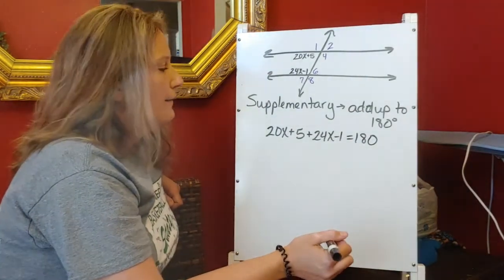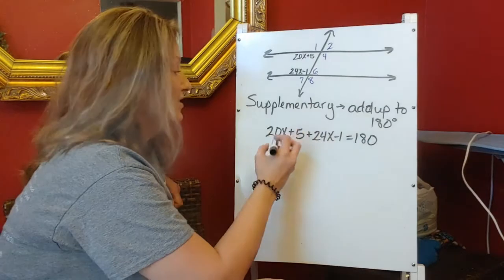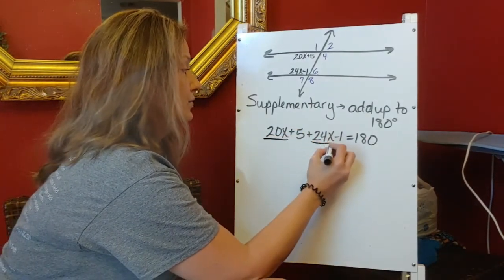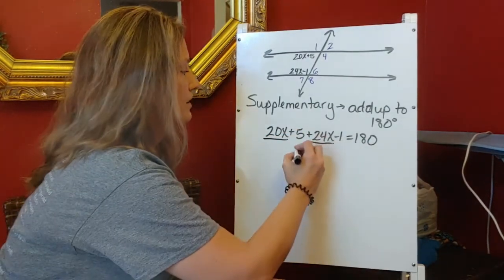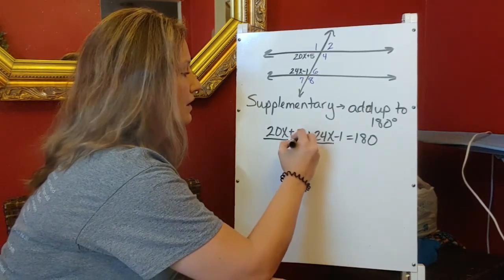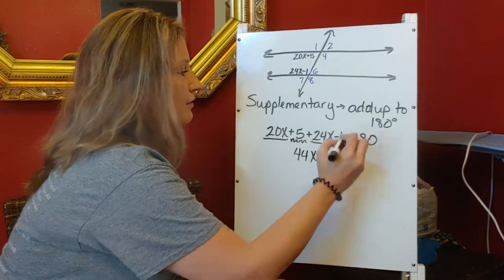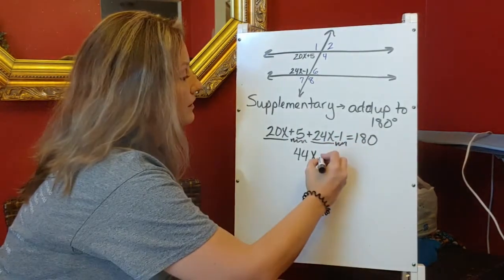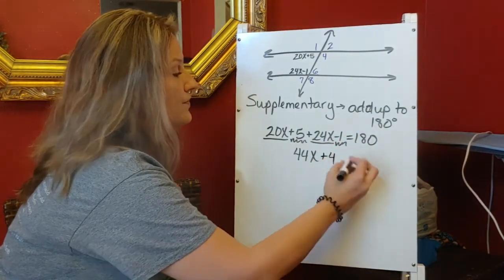Okay, I'm going to start combining like terms. So 20x and 24x, those are like terms. I'm going to add those together and I get 44x. 5 minus 1 gives me 4.